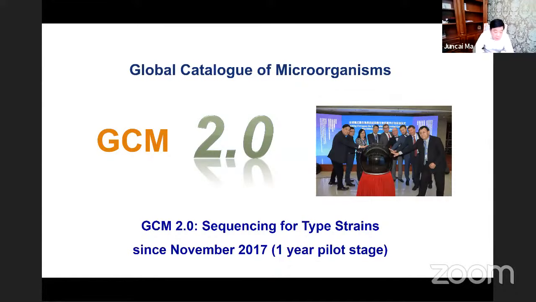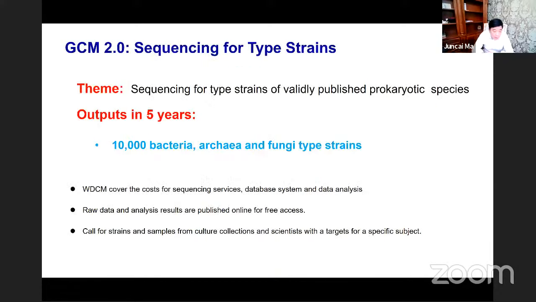So we started this 2.0 cooperation sequencing for the type strains. Our target for this sequencing project is to sequence 10K type strains for the bacteria, for the fungi, and so on.